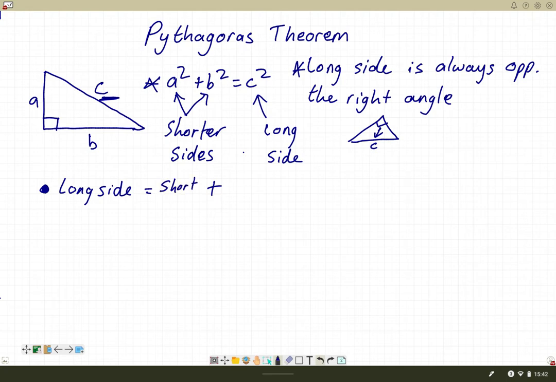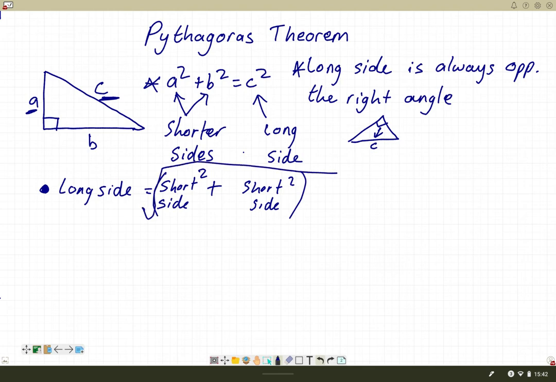The first short side, let's say A, I square it, then I add the second short side squared, and then to get my answer, I find the square root.